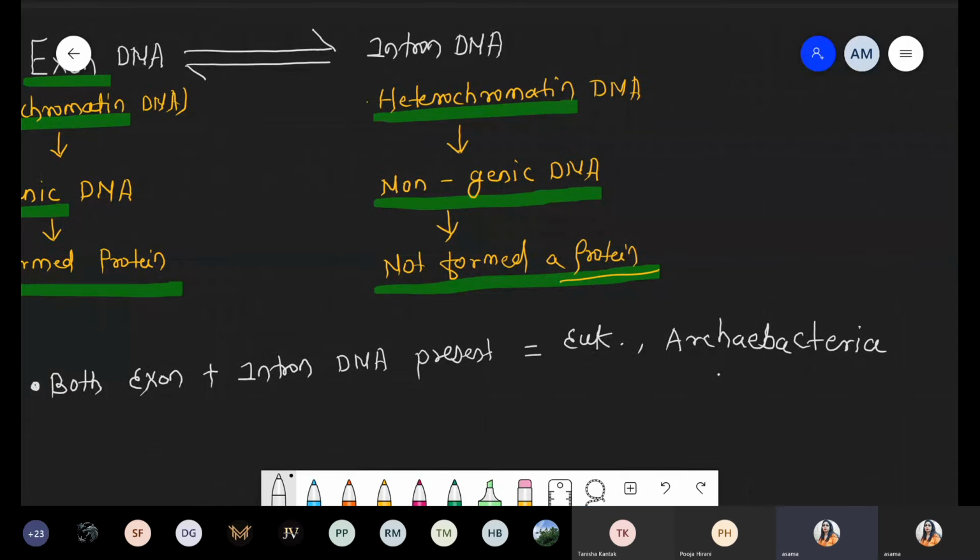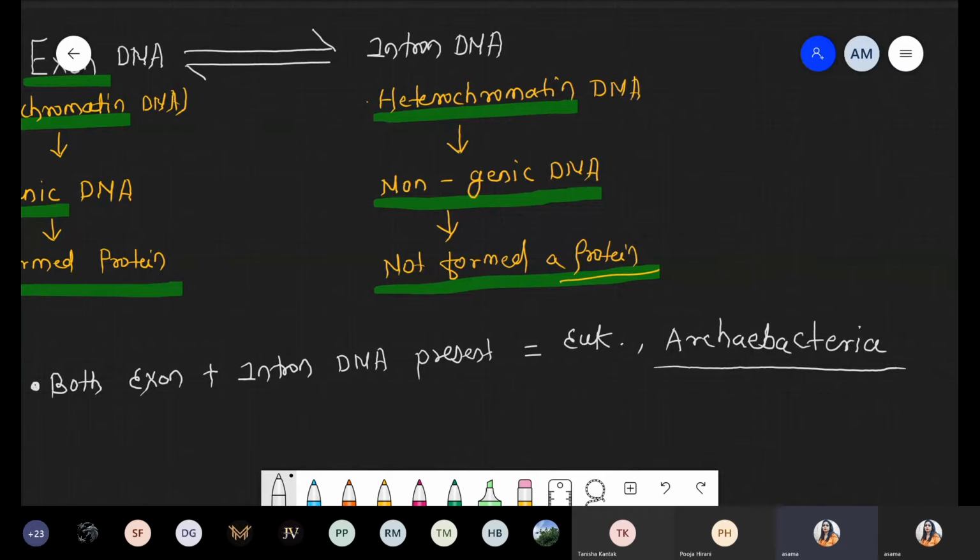All these bacteria grow under extreme conditions, and such organisms are called archaebacteria. You know that the first bacteria that evolved on the earth evolved under hydrothermal vents, and that bacteria is nothing but archaebacteria. So definitely both exon and intron forms of DNA are present in eukaryotic organisms as well as in archaebacteria, which are prokaryotic.